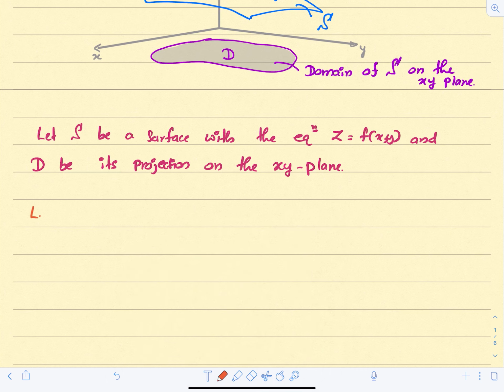Now let g of x comma y comma z, sorry, not g, it should be f.